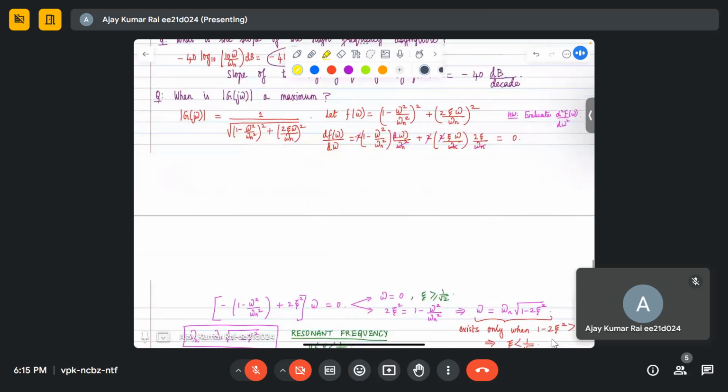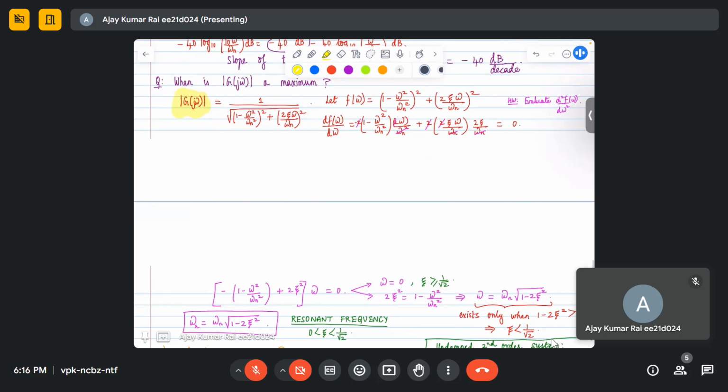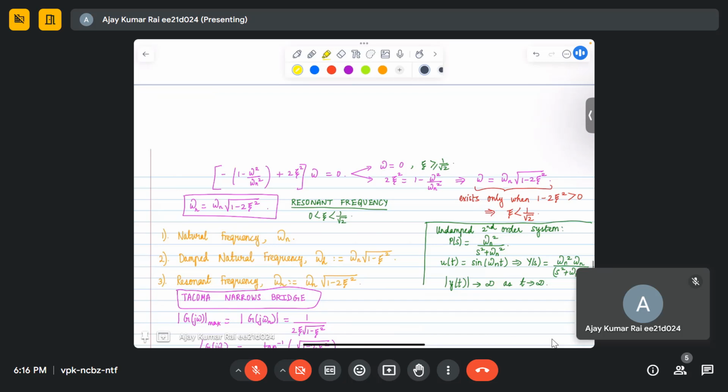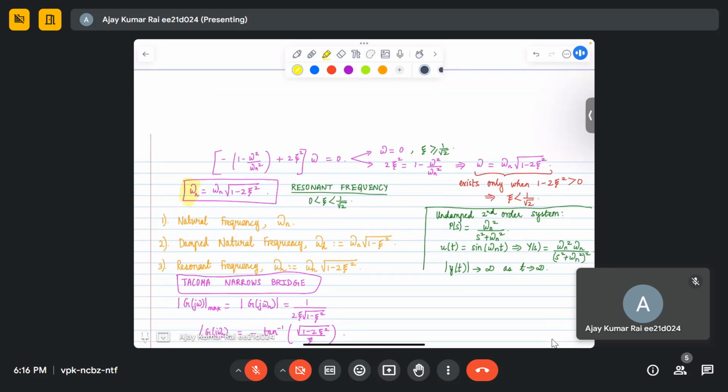Here we have seen when the magnitude is maximum. We want to find the frequency at which the second order function, G of j omega, is maximum. How to find it? We just consider the denominator. When G of j omega is maximum, that means the denominator is minimum, that means f of omega. So we differentiate it and make it equal to 0, and we came to this value. This is very important for second order functions: the resonant frequency.